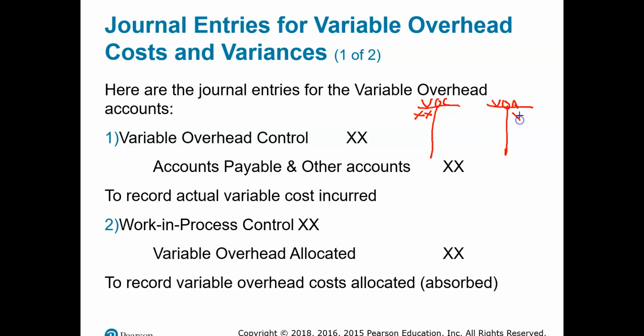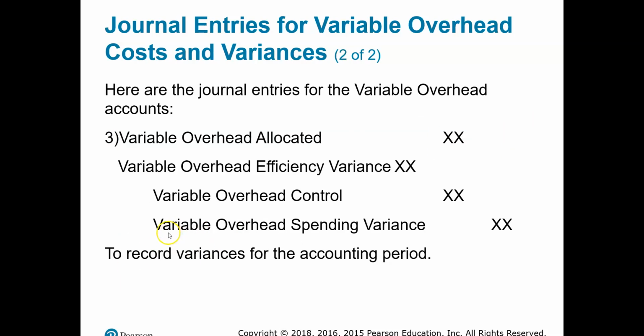And then when we allocate overhead, we're going to credit variable overhead allocated and charge work in process for any allocation of overhead. Then at the end of the period, we're going to close out our variable overhead allocated and variable overhead control, and then we're going to debit or credit our variable overhead efficiency variance and spending variance depending on whether they are favorable or unfavorable.